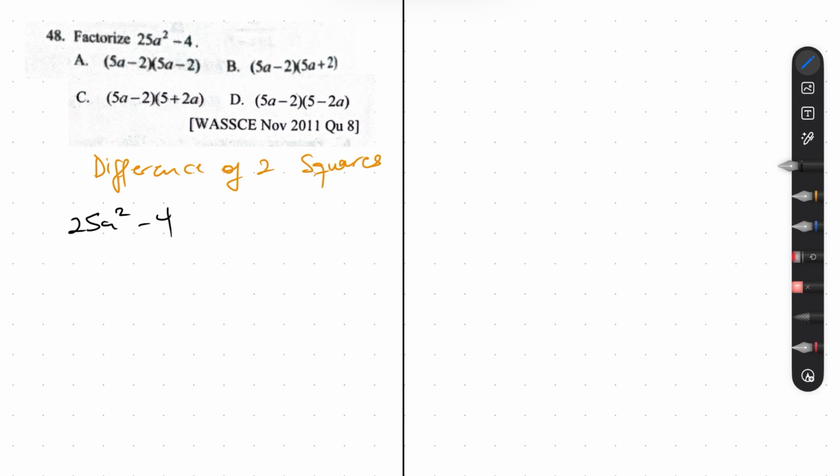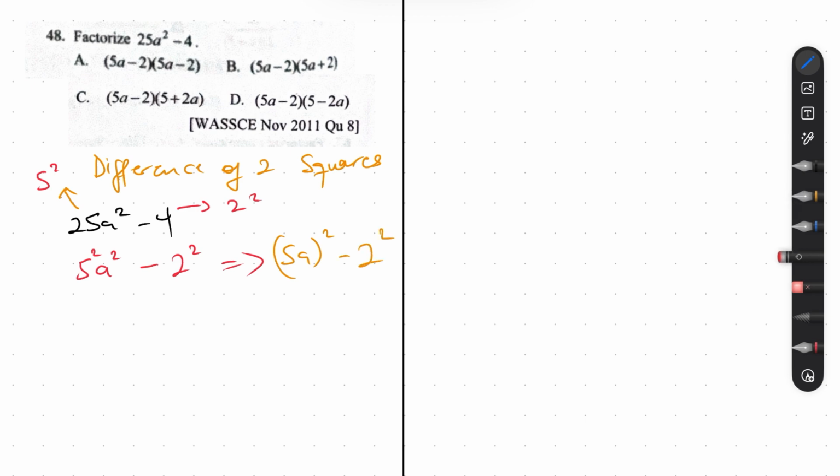We can rewrite 25 as 5 squared, so this becomes 5 squared a squared, and we can also write 4 as 2 squared. So minus 2 squared. What this means is 5a in one bracket squared minus 2 squared.